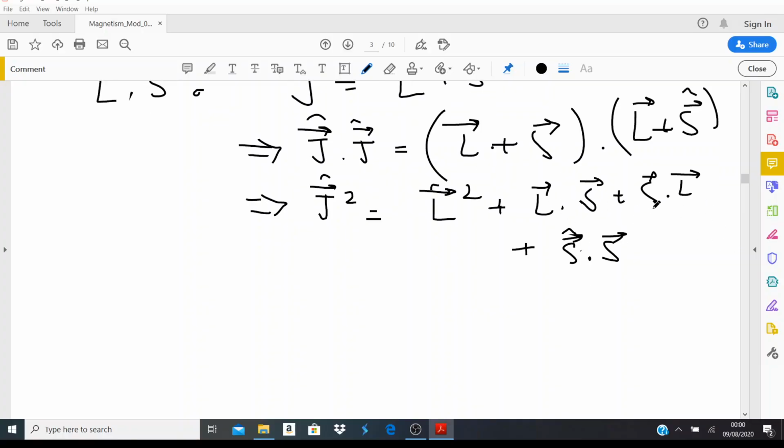So that's like twice L dot S, right? So we have L square plus twice L dot S plus S square, right?